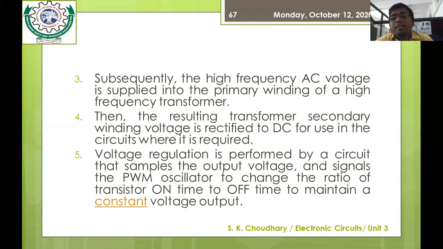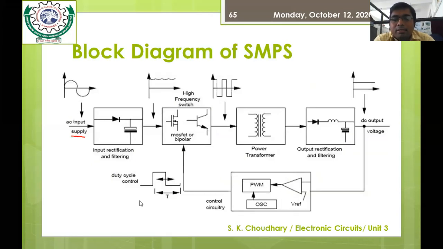This voltage regulation is performed by a circuit that samples the output voltage and signals the PWM oscillator to change the ratio of transistor on time and off time to maintain a constant voltage output. So this is all about the basic description or working of this switch mode power supply that we have learned with the help of this block diagram.